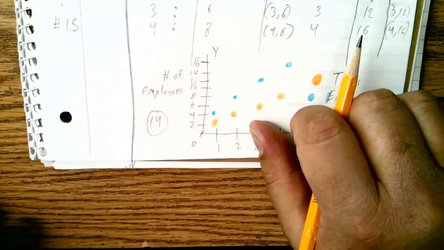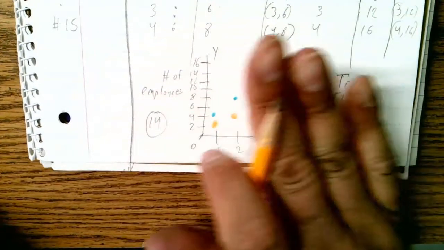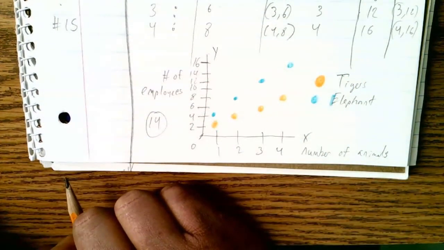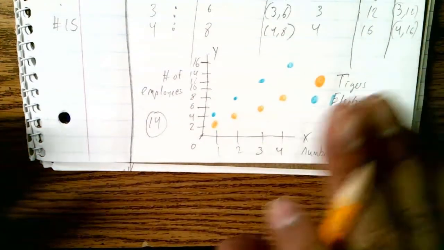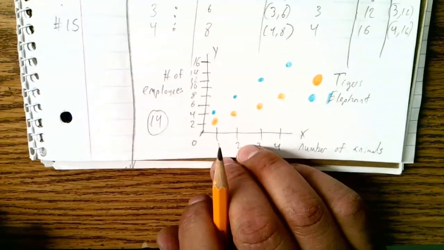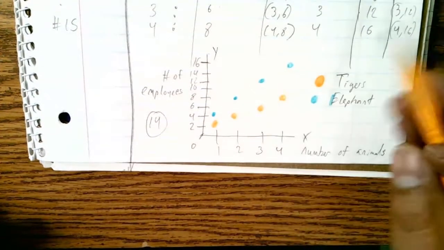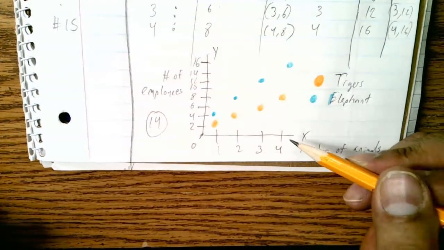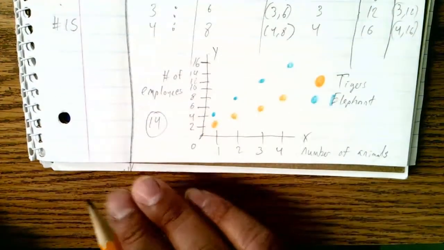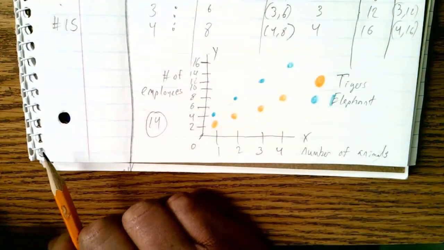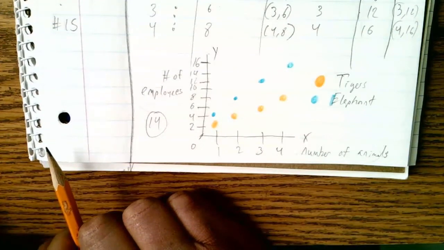What do you see? Literally, what do you see? First off, what do you see? I see 2 straight lines. Okay, what do those straight lines tell you? Well, I see that the elephant line is steeper than the tiger line. But again, what does that mean? Because we have to compare the ratios, right?